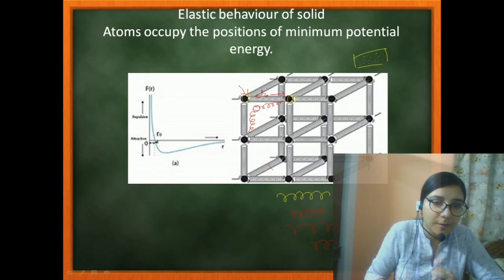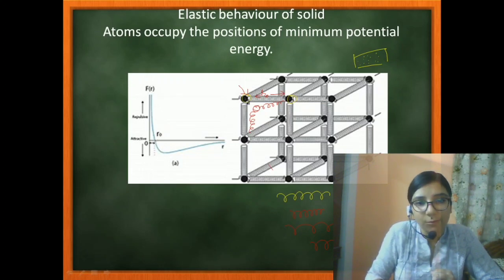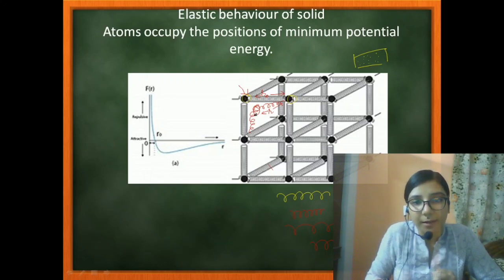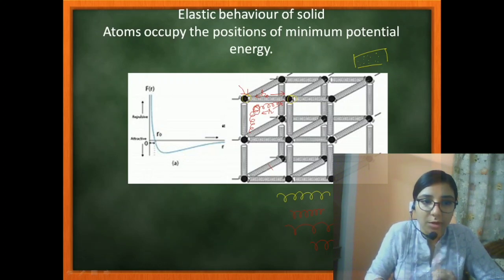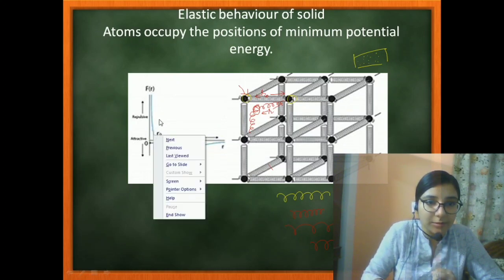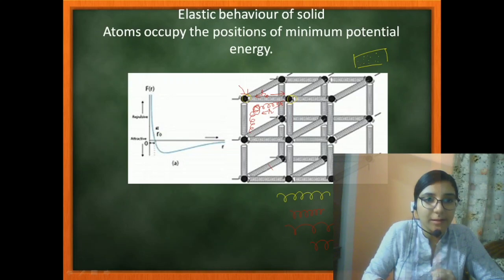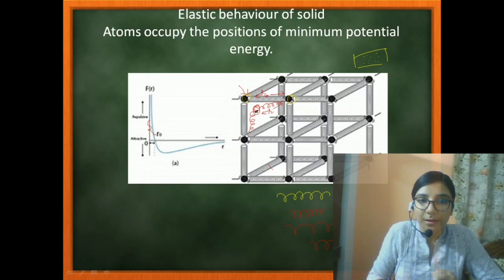When we apply some force and the distance between them decreases, that means r becomes less than r0, there will be a repulsive force acting between these two atoms. In this region the force acting is repulsive. That means there will be repulsion between these two atoms, because of which it will try to regain its original position.